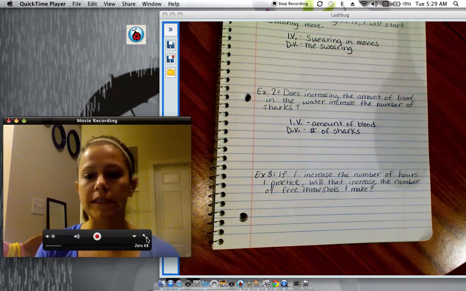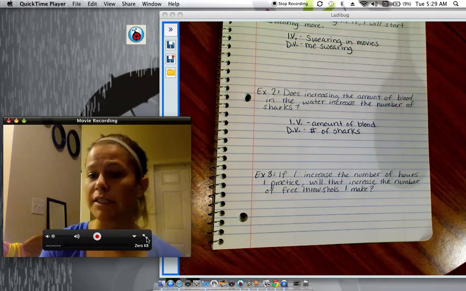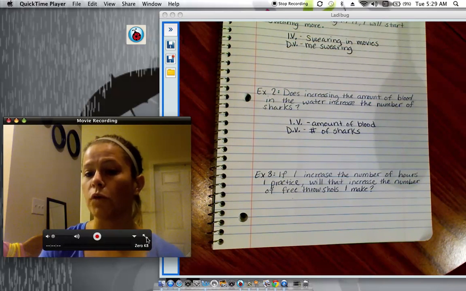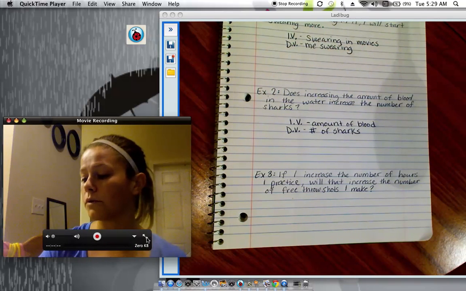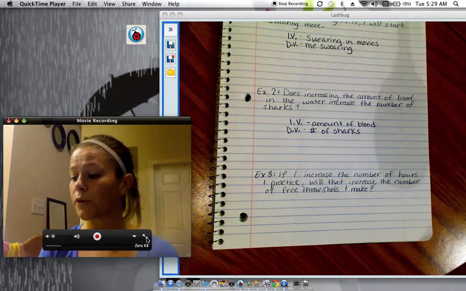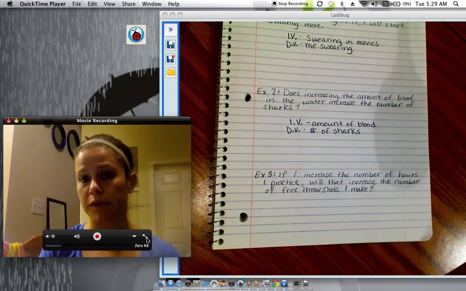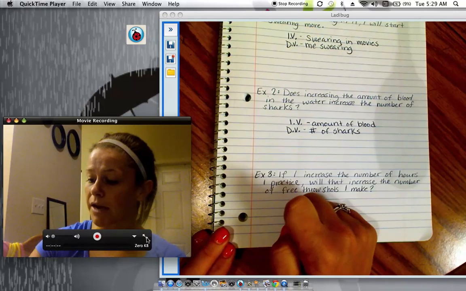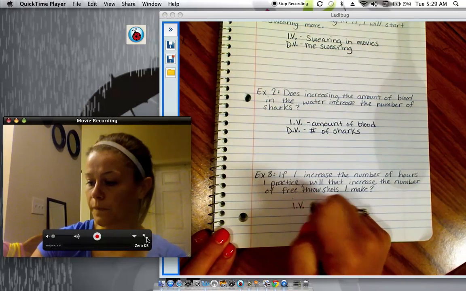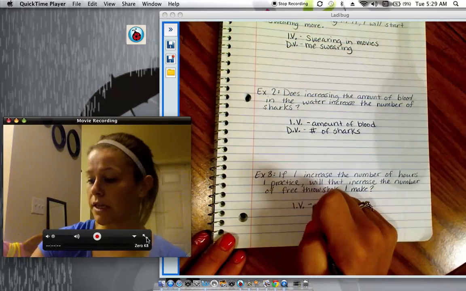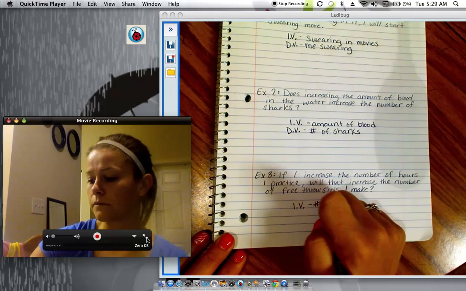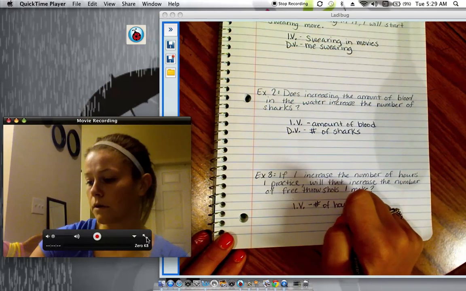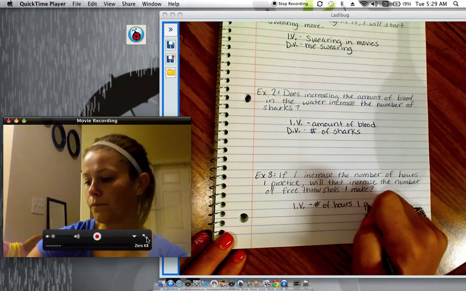All right, so last example. If I increase the number of hours I practice, will that increase the number of free throw shots I make? So what depends on what? So the number of free throw shots depends on, it seems like in this question, the amount of hours I practice. So our independent variable is going to be the number of hours I practice.